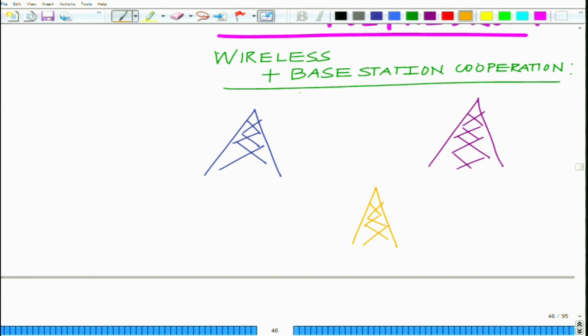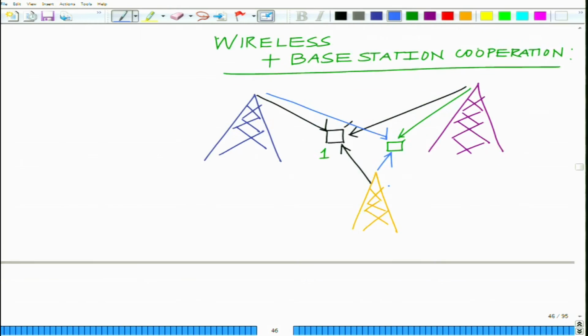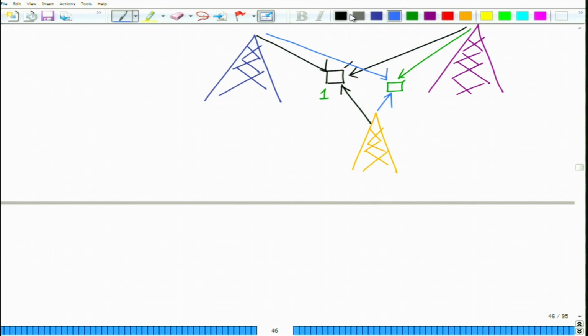base stations. Okay. So, each of these towers is, let us say, a base station, and you have a mobile that is being simultaneously served. In fact, you have several such mobiles, let us say, which are simultaneously being served. So, each mobile is being served, each user j.